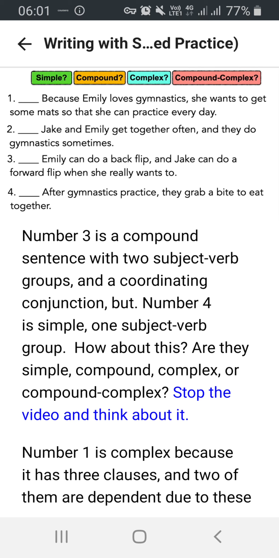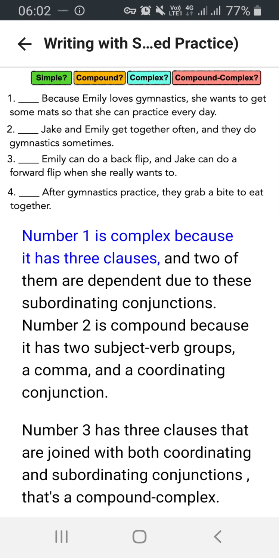Stop the video and think about it. Okay, number one is complex because it has three clauses and two of them are dependent due to these subordinating conjunctions.